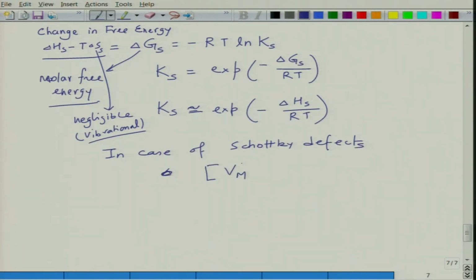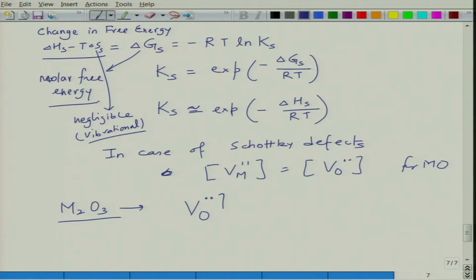Vm is equal to Vo, because for MO. But if it is not MO, if it is M2O3, then it would be different. For M2O3 you will have 2 Vm and 3 Vo, which means for every 2 metal vacancies you are forming 3 oxygen vacancies, so Vo will be equal to 3 by 2 Vm.